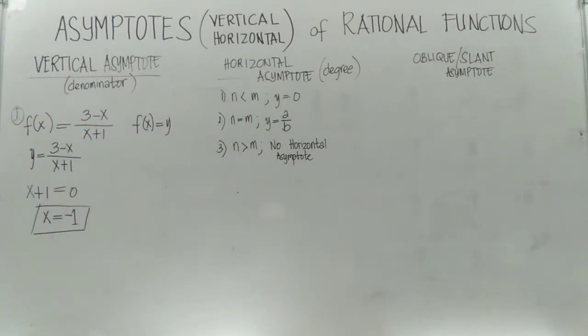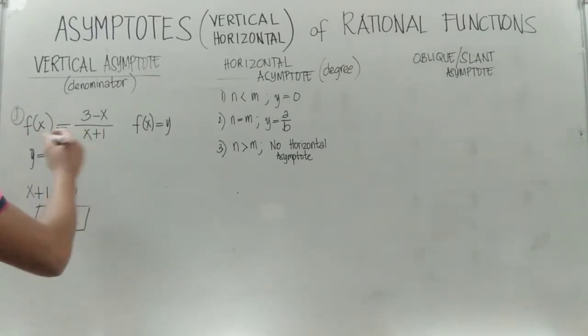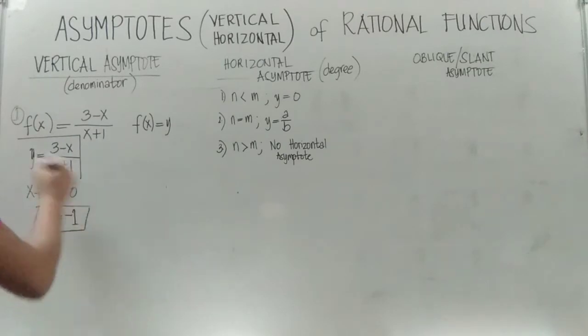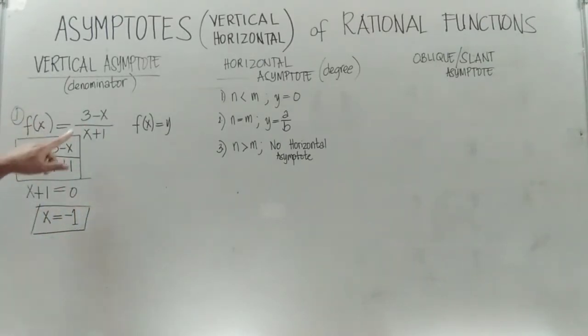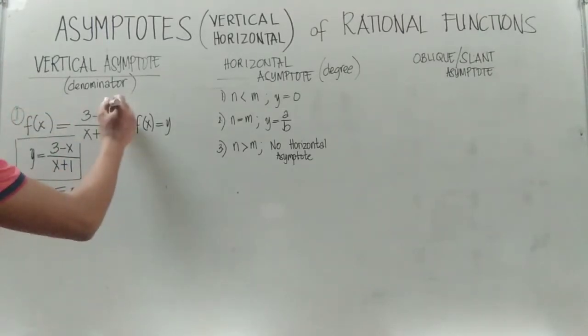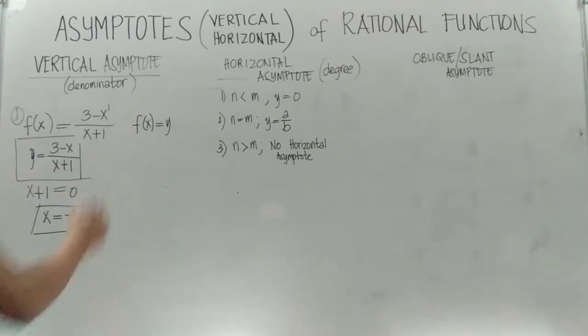Now let us proceed to the horizontal asymptote, comparing the degrees. We have to look at the given rational function. The degree of the numerator is 1, and the degree of the denominator is also 1.